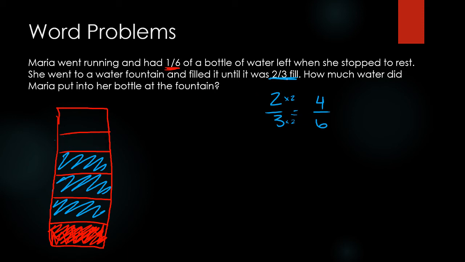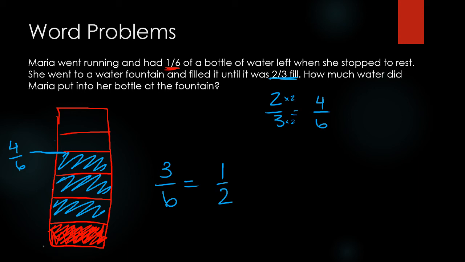She filled it until it was 2/3 full, which would be 4 over 6. So she filled it right here. This is where 4 over 6 is. This is where she stopped filling it up. If she started with 1/6 of it full, she added 1/6, 2/6, 3/6 more, which is also equivalent to 1/2. So she filled it up half of the way.